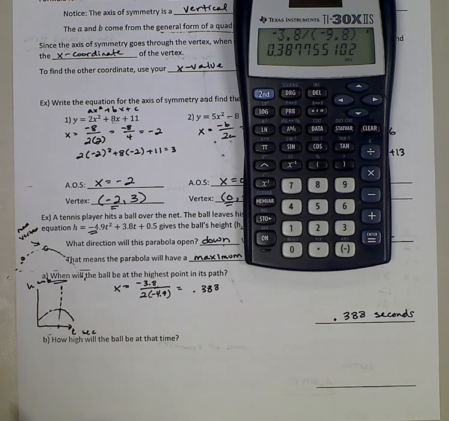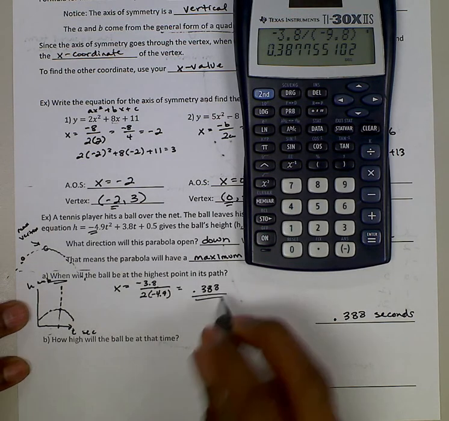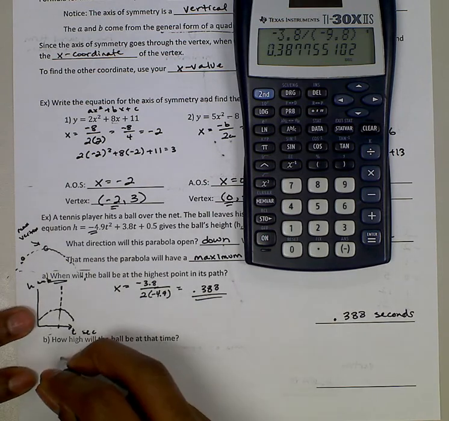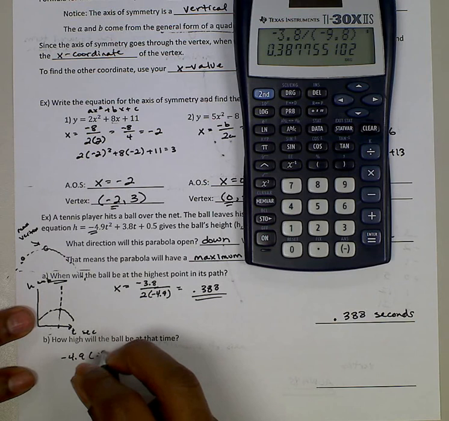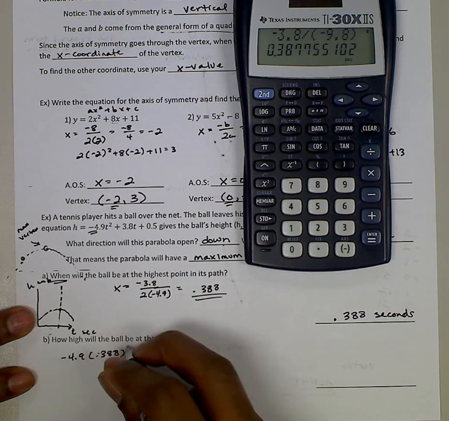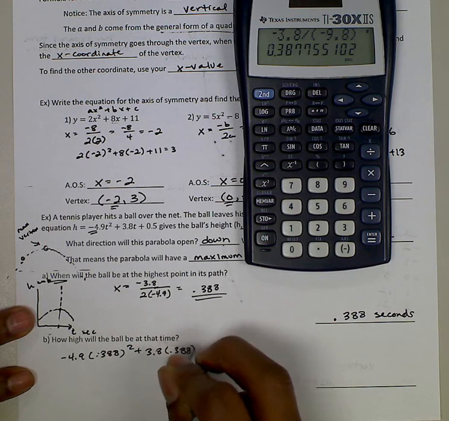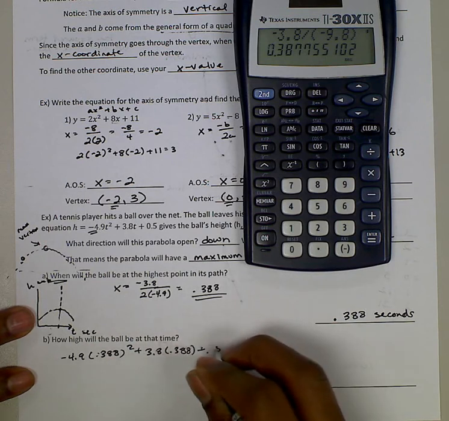Okay, and then it says how high will the ball be at that point? Well, we can figure that out because here's the t value or x value. And so we'll plug in negative 4.9 times 0.388 squared plus 3.8 times 0.388 plus 0.5.